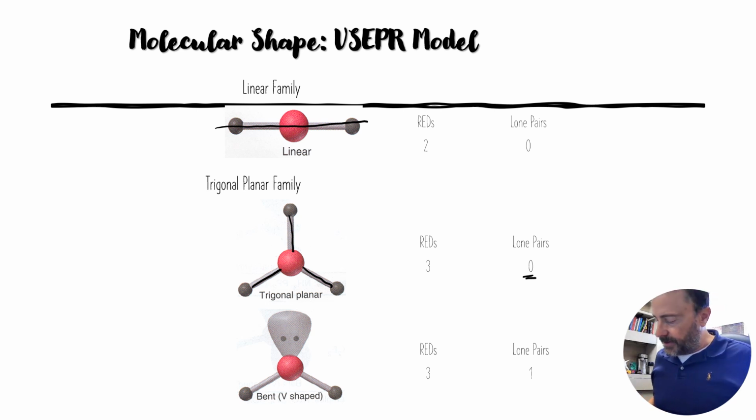If there's three regions of electron density, so two bonds and one lone pair, then the shape of it is bent.